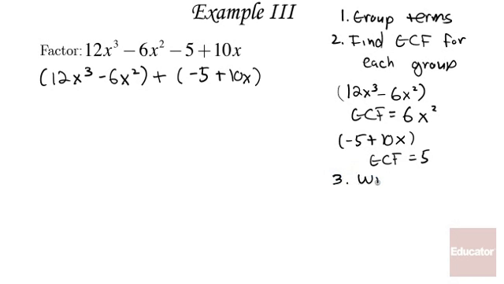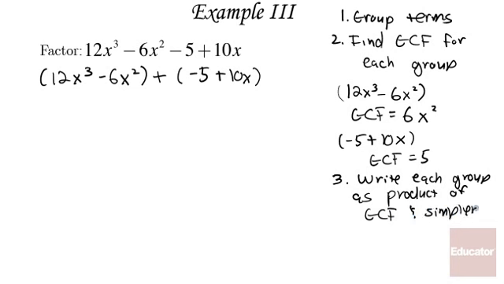Third, write each group as the product of the greatest common factor and a simpler binomial. Okay, so for my first group, the greatest common factor is 6x squared.